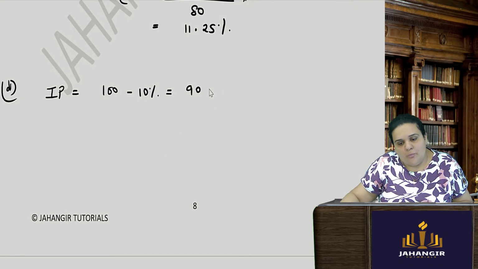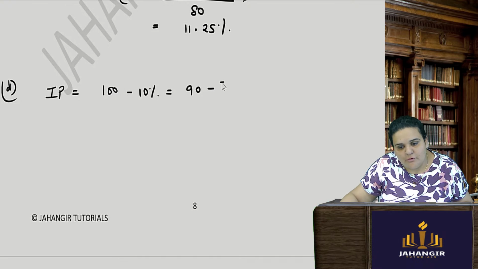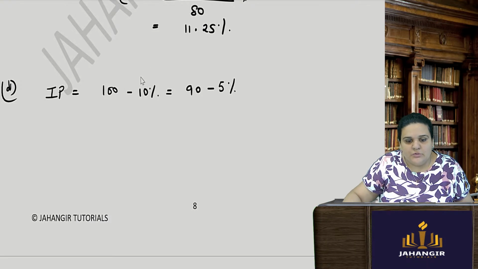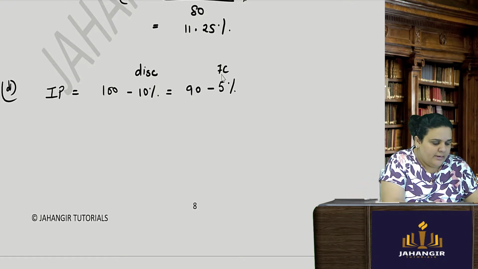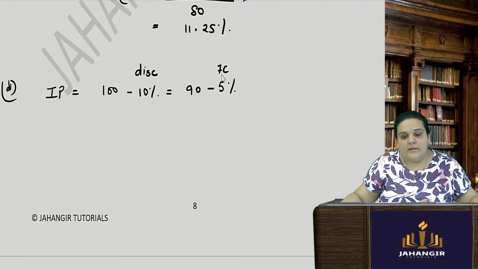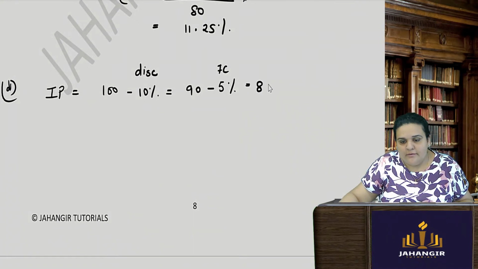From 90, don't stop here; minus your flotation cost, which is 5%. So this is the discount and this is the flotation cost. When you do 90 minus 5%, it comes to 85.5. This will be my issue price.